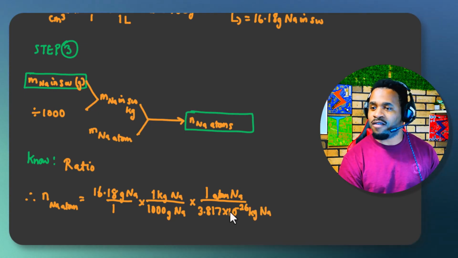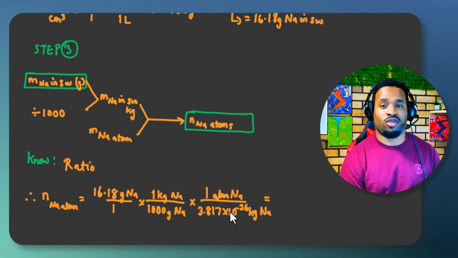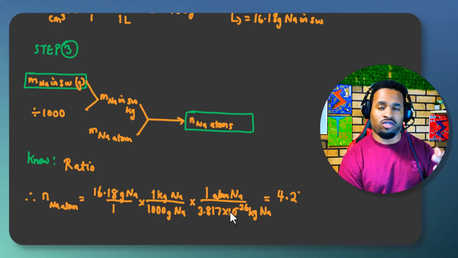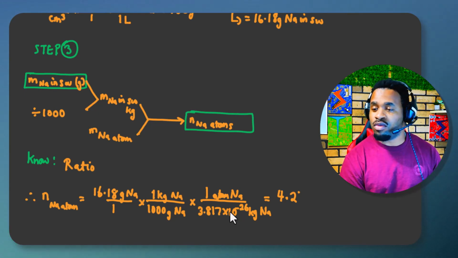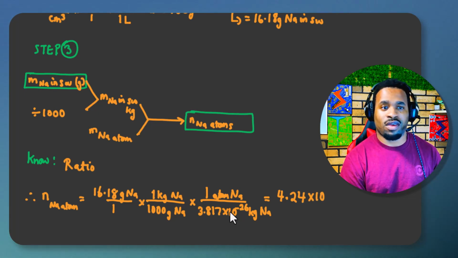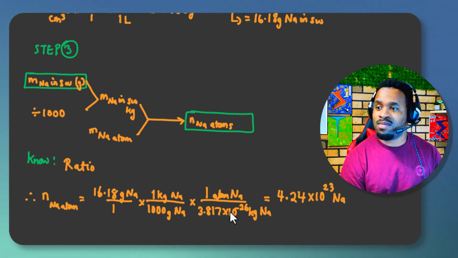And so our final answer to this question is going to be what? Let's round this to the nearest hundredth: 4.24 times 10 to the 23 sodium atoms.